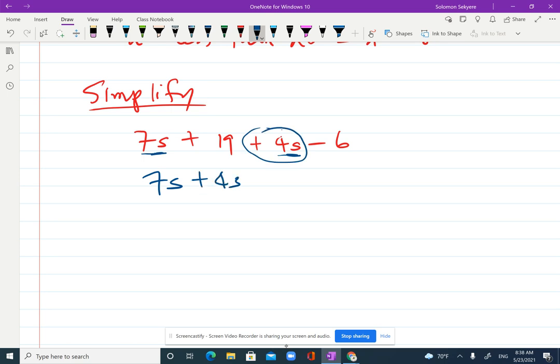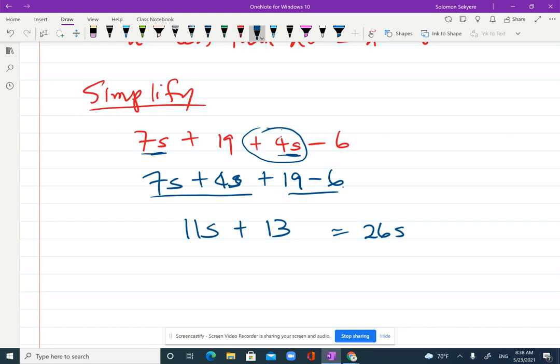Those are like terms. The 19 and the 6 also are like terms. So this is 11s, and then plus 19 minus 6, which is 13. When you get to this point, 11s plus 13, you don't write 24s, because they are not alike. At this point, you stop. It's just an expression.